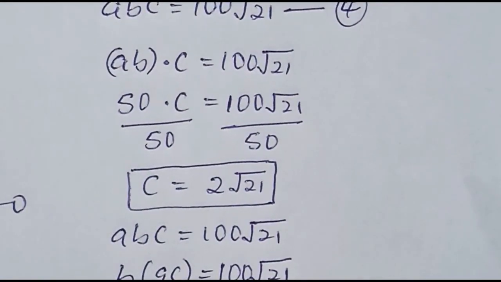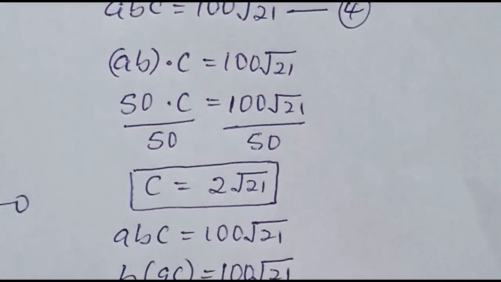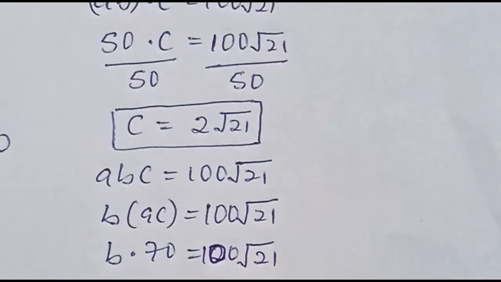So CA or AC is given by 70. B multiplied by 70 equals 100 square root of 21.